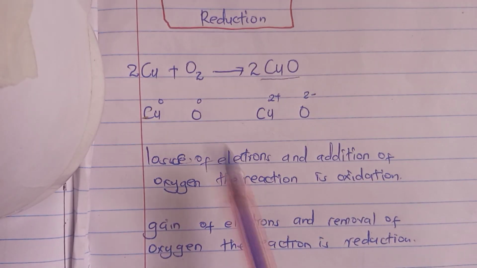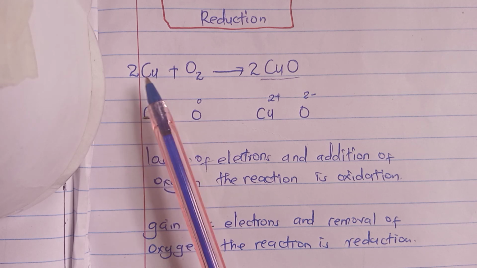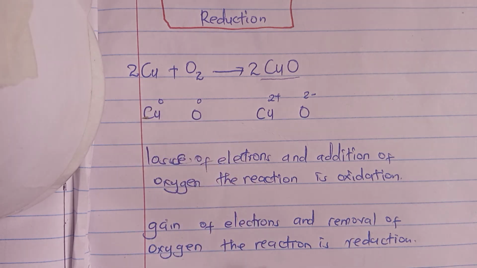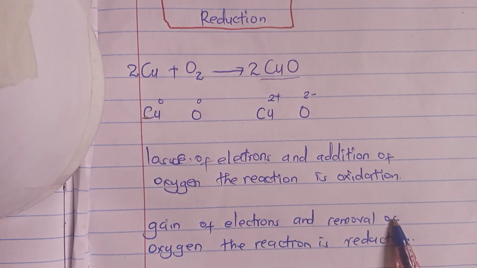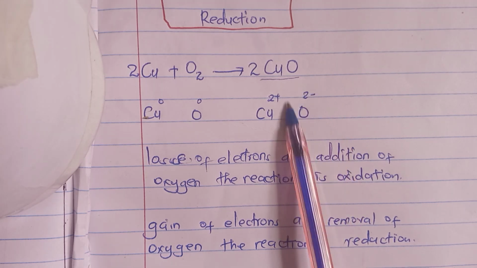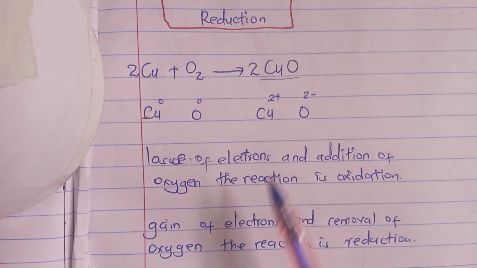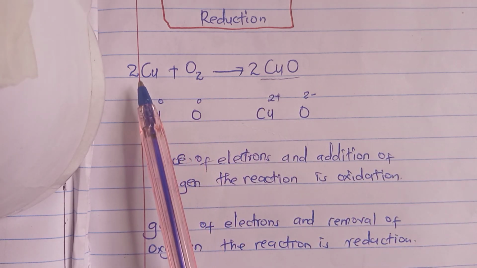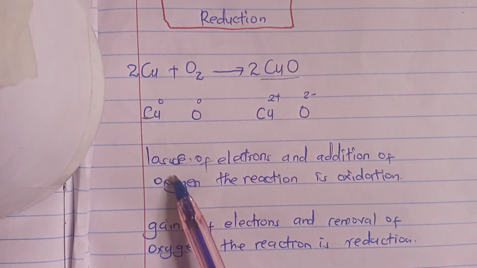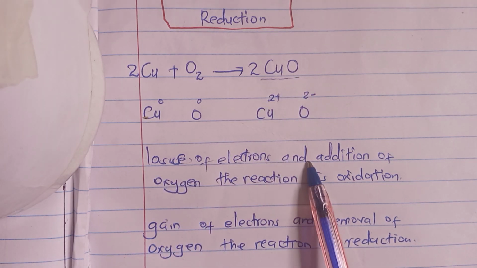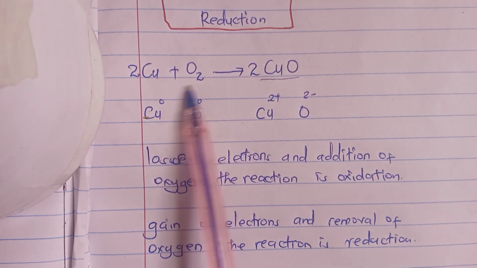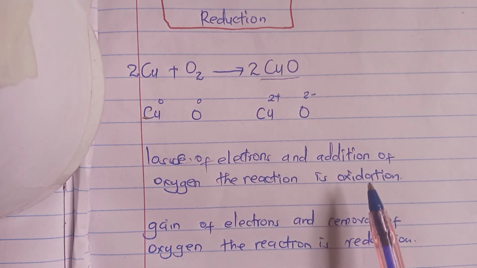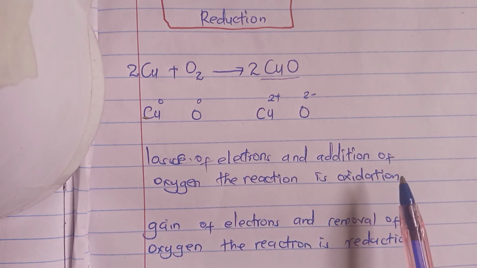You can see here, gain of electrons. Oxygen is gaining 2 electrons. At the same time, oxygen is undergoing reduction reaction. You can see copper is being oxidized. And for copper to be oxidized, there must be addition of oxygen.